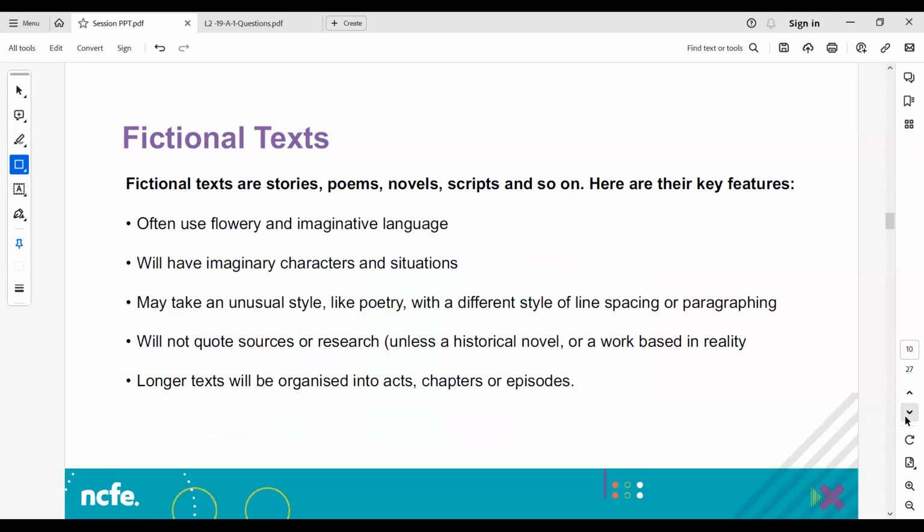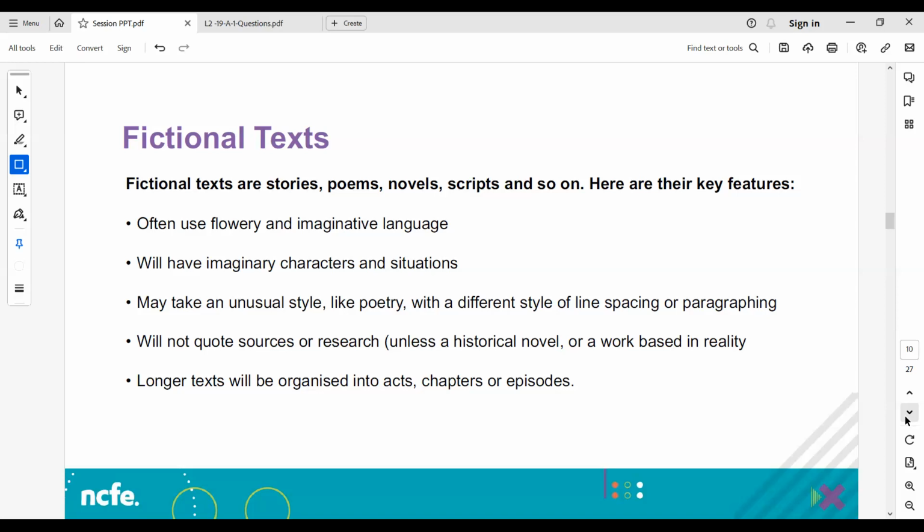So a fictional text: stories, poems, novels, scripts, poetry, all sorts of fictional text. And the features, often flowery, imaginative language, so lots of description. They could spend a whole paragraph setting the scene, talking about what the setting of the story looks like.